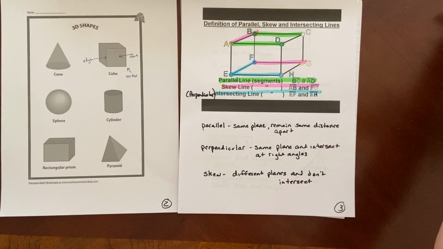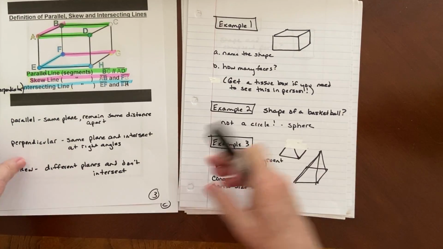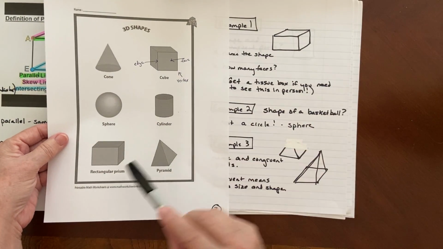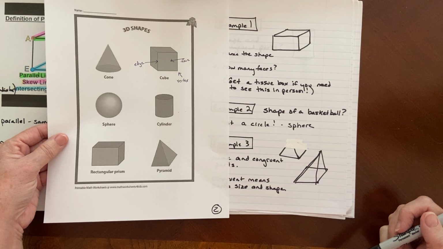Now they're going to talk, oops, I don't think we need that yet. Example 1, they said name the shape. Okay, so let's look back. What shape does that look like? Looks like a rectangular prism, doesn't it? Because it's not the same on all sides. How many faces does it have?